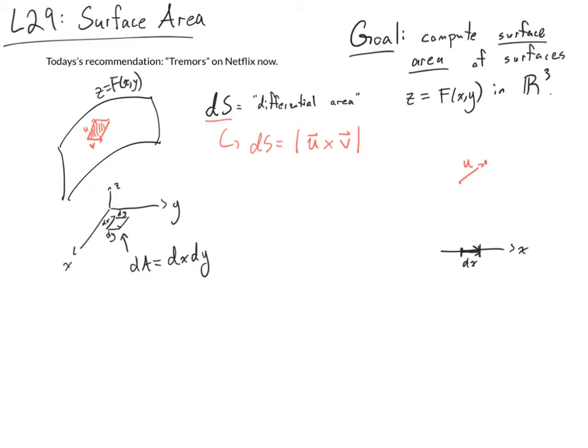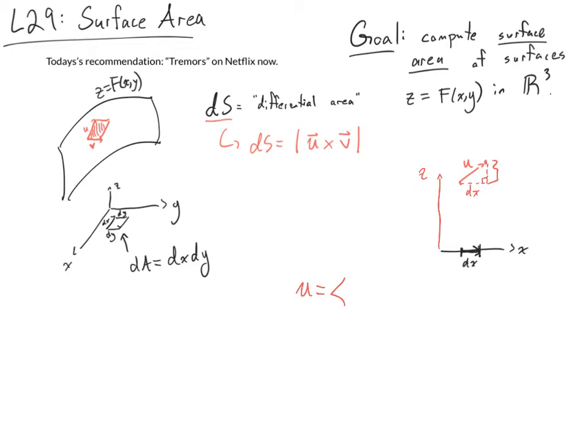And so u's coordinates, well, this vertical direction is my z-axis. So u is a vector in the x direction. It's going dx, because that's the width of the thing below. And in this direction, it's basically the tangent plane direction.